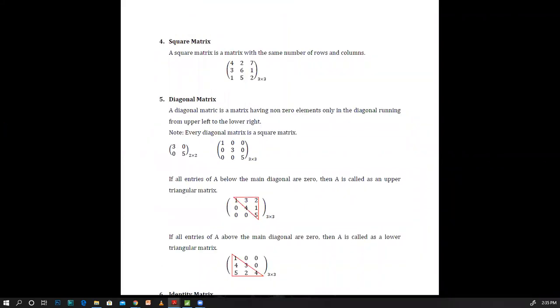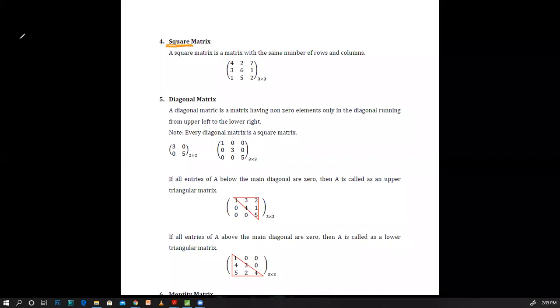The next special type of matrix is said to be the square matrix. At the very beginning, it was said that a matrix is a rectangular array of numbers. But when you come to this situation, now it is called a square matrix.